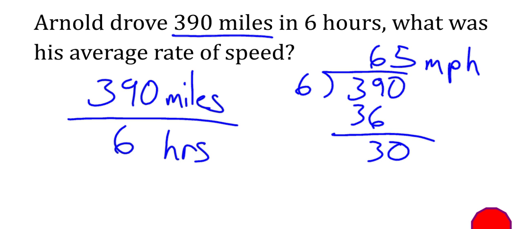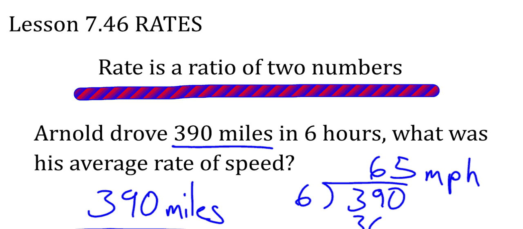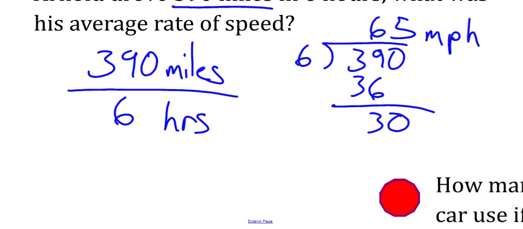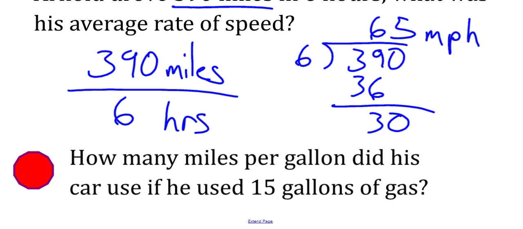So we get that nice abbreviation instead of having to write miles per hours. Miles per hour. Oops, I forgot your sample problem. With the information that you just gained about 65 miles per hour, how many miles per gallon did his car use if he used 15 gallons of gas?